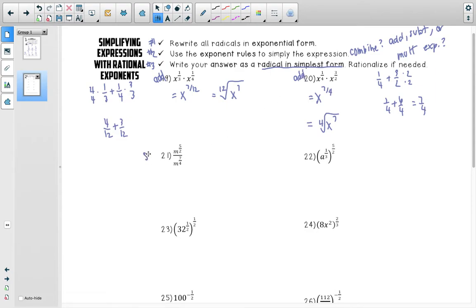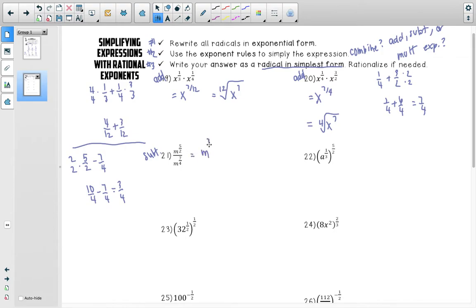Since we're dividing here, we're going to subtract the powers. So we get 5/2 minus 7/4. Same thing, we need the same denominator, so we're going to multiply the left side by 2. By multiplying this denominator by 2, we get that denominator of 4, so we're able to subtract them. And you get 10/4 minus 7/4, which equals 3/4.